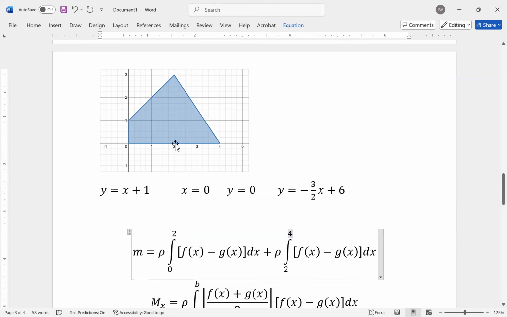Between 0 and 2, the line on top is y equals x plus 1, and the line on bottom is y equals 0. Between 2 and 4, the line on top is negative 3/2 x plus 6, and the line on bottom is, once again, y equals 0.